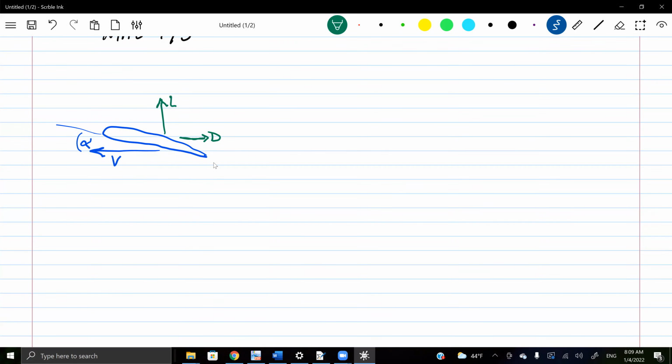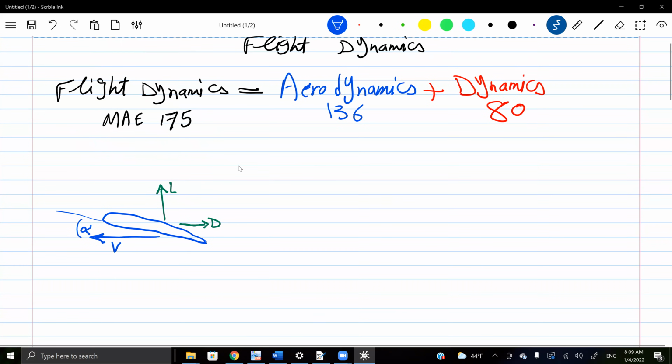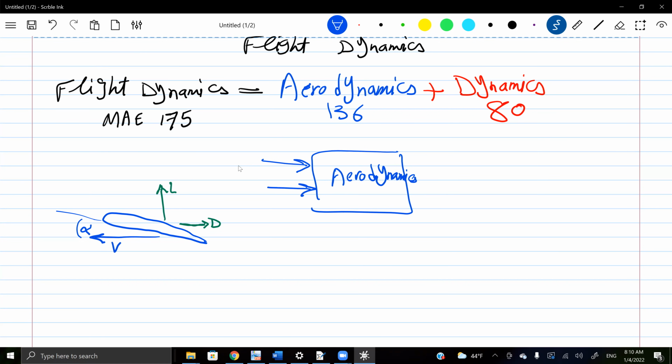A typical problem is about what is given and what is required. If I have a block and I call it an aerodynamics block, what is typically given as input? In any homework problem in aerodynamics, it says, here are the givens, and please compute blah blah.